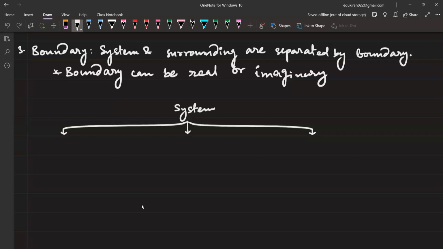Now, system can be an open system, can be a closed system, and it can be an isolated system.